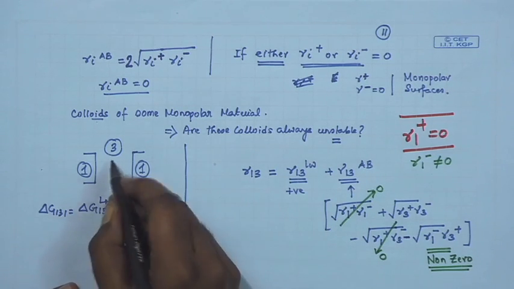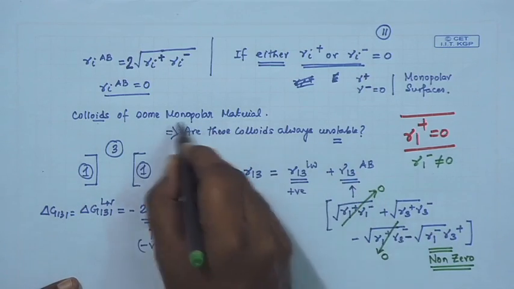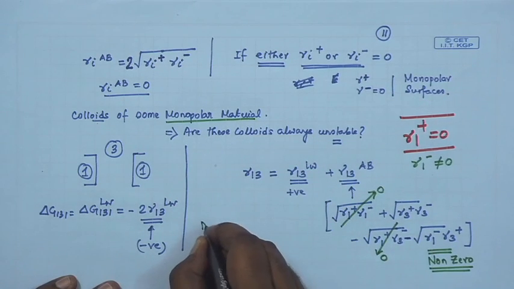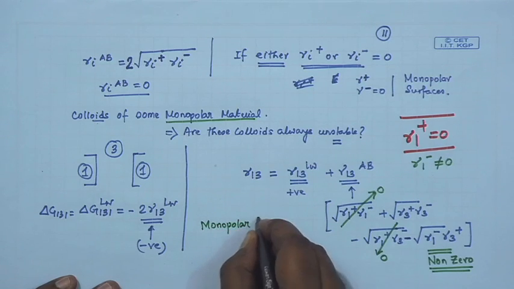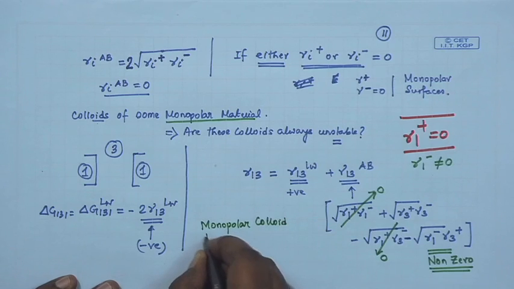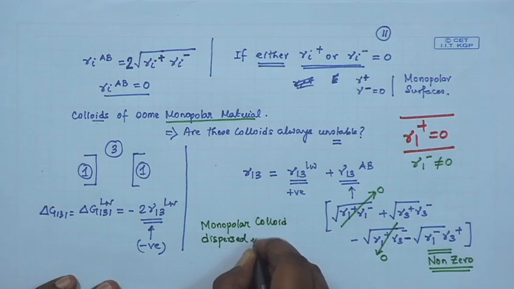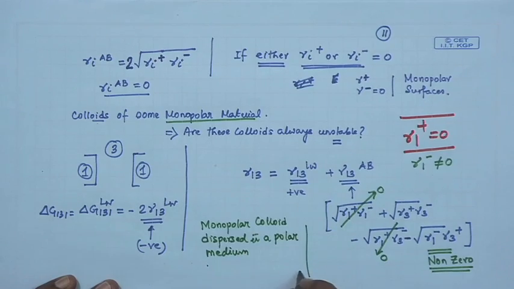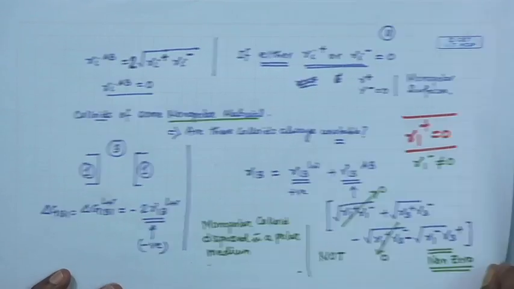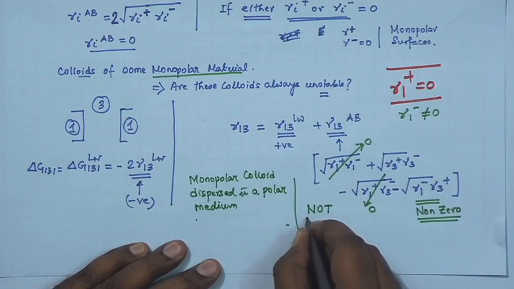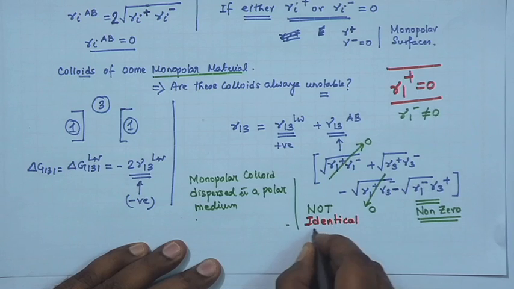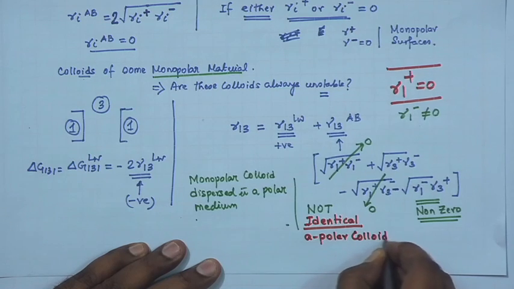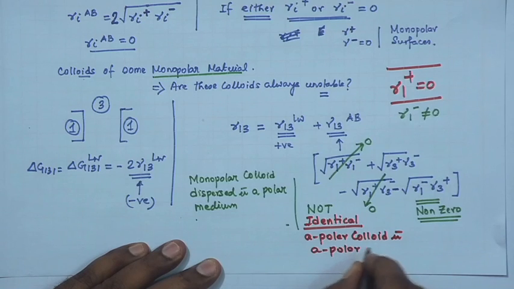So, the situation where a monopolar colloid is dispersed in a polar medium is not similar to an apolar colloid in an apolar liquid.